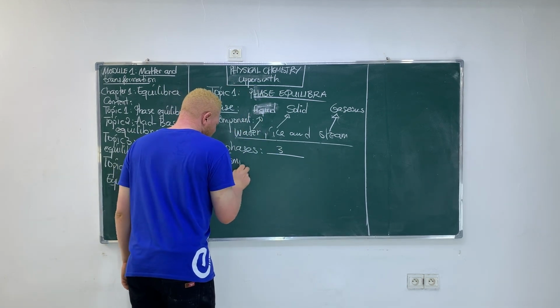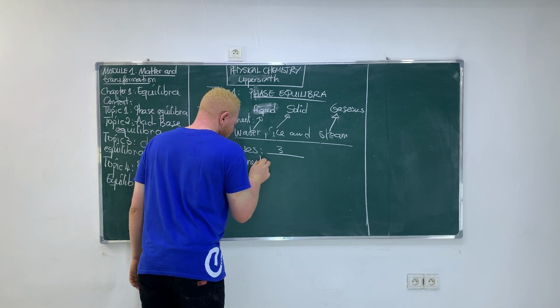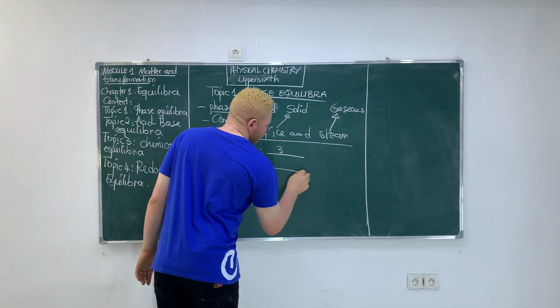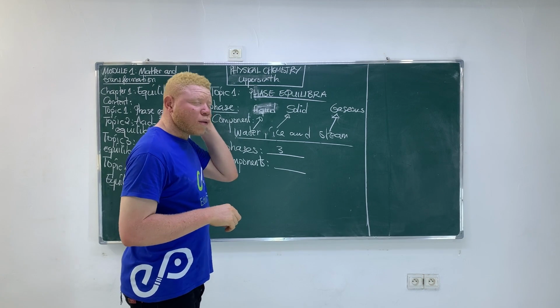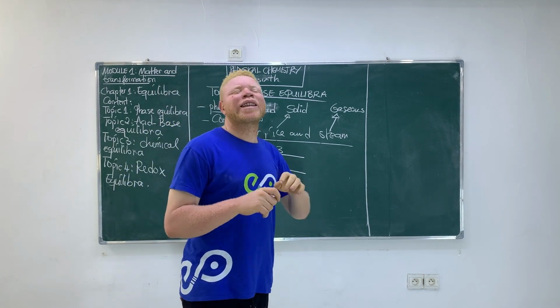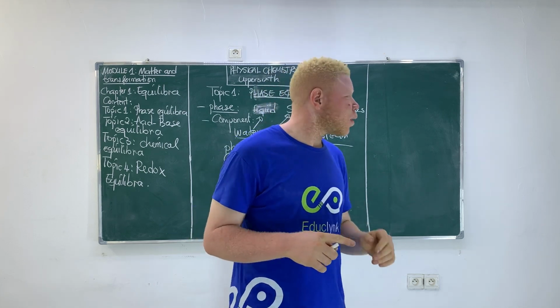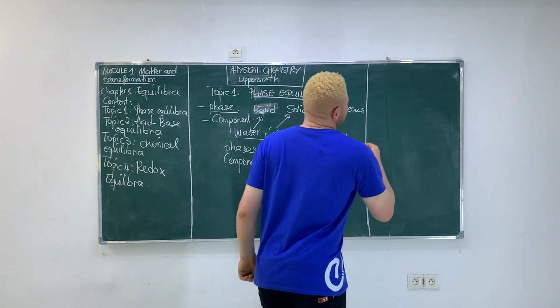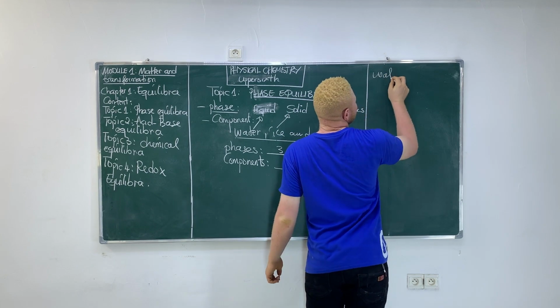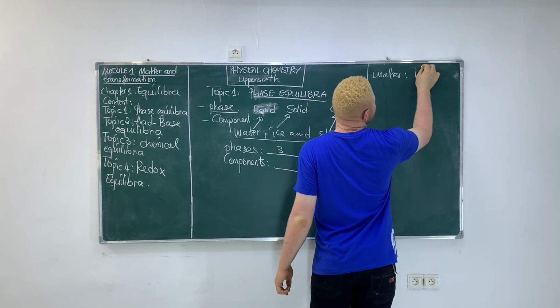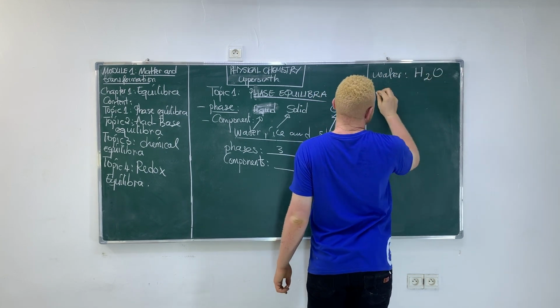So let's go to the number of components. How do we know the component? Identify the chemical formula for each of the substances. Don't forget that our system is made up of water, ice, and steam. Water's formula is H2O.